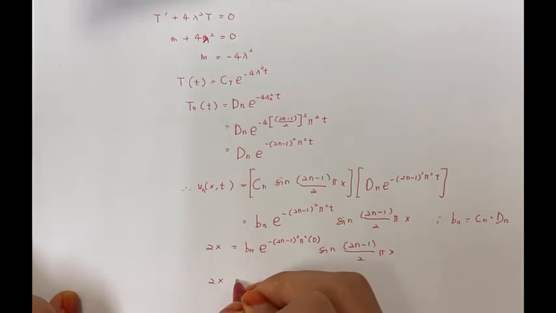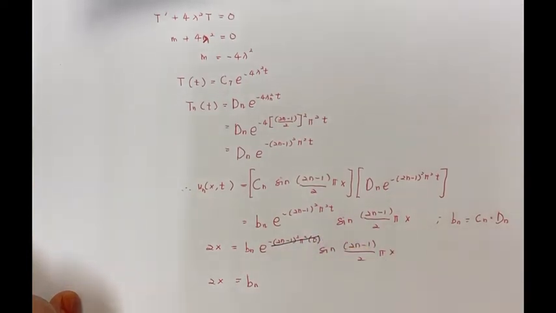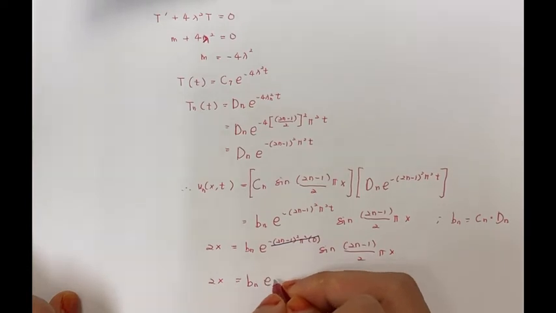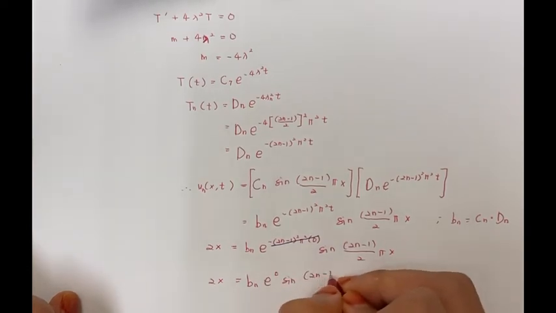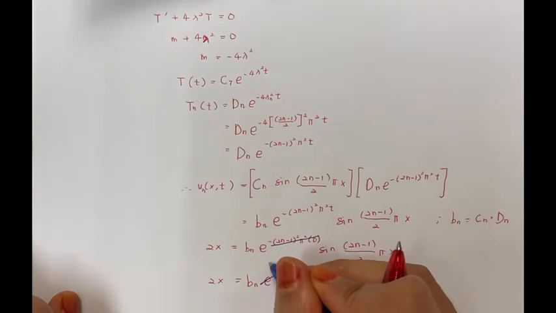So 2x is equal to Bn exponent 0. Everything will be 0 because you multiply with 0 here. So exponent 0 sine (2n minus 1) divided by 2 π x. Exponent 0 is equal to 1.